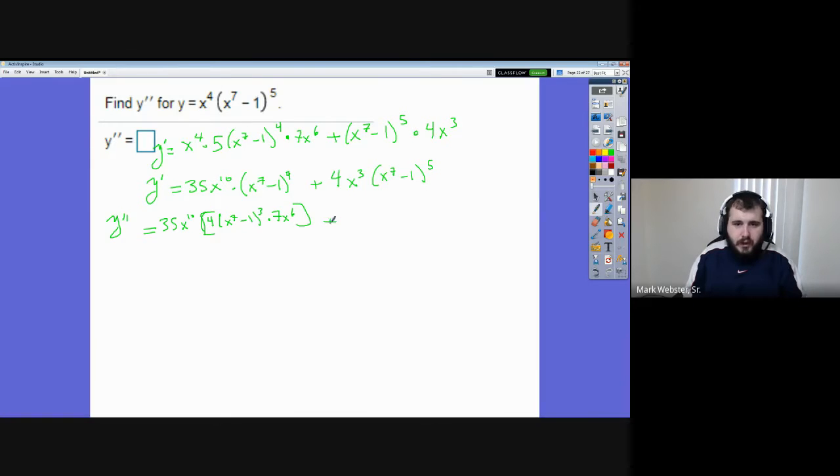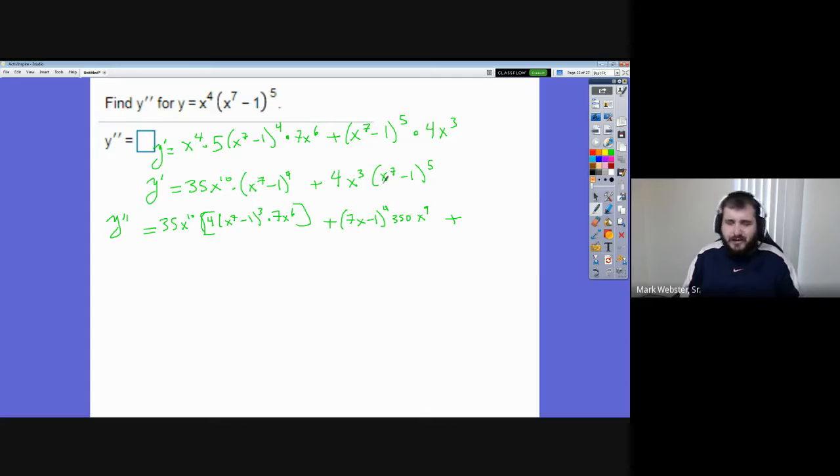Left d right plus right d left. 7x minus 1 to the 4th times, bring that 10 down, 350 x to the 9th, plus, now we're going to do this one.